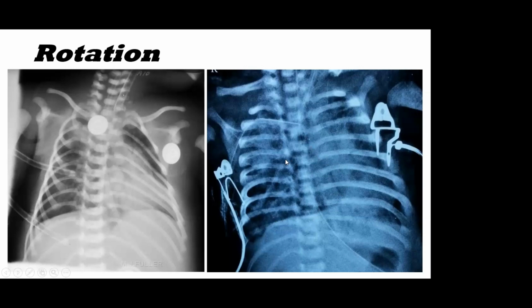It is just a rotated film, and you can see the obliquity of the ribs also. The ribs which are supposed to be taking a turn become more straight on this side. On the other side they are taking a turn, they are more oblique, they are over each other. So this is how a rotated X-ray will create trouble with your diagnosis, whatever you are trying to see in the X-ray.